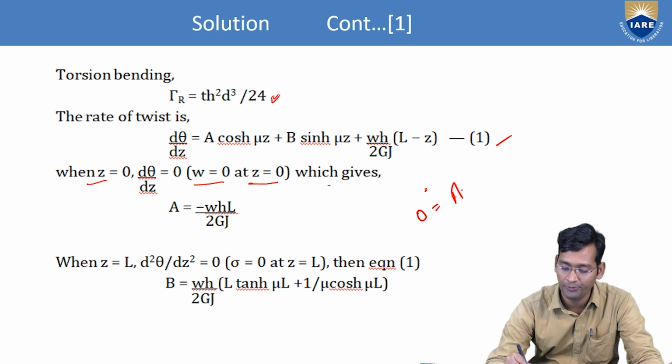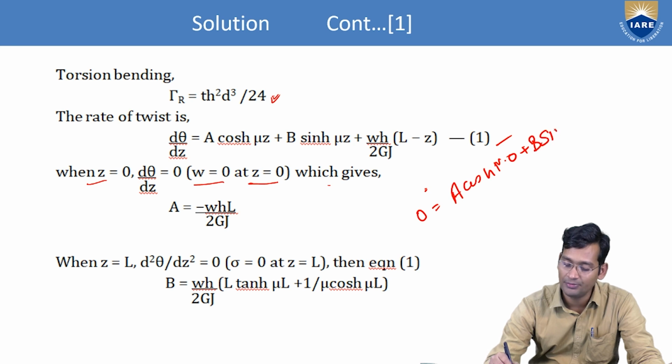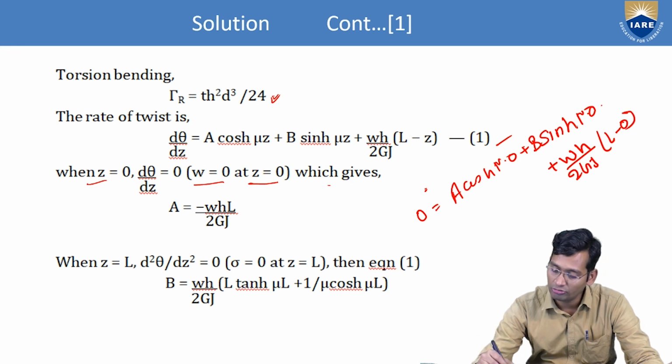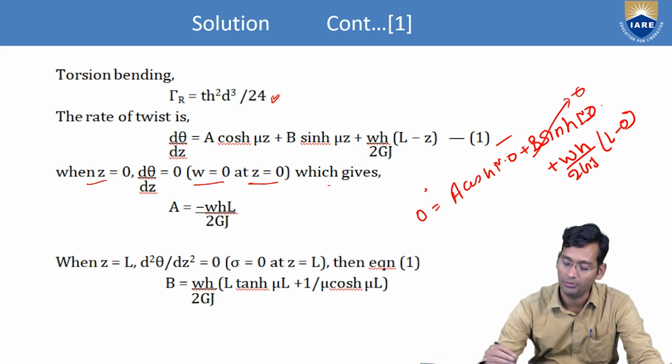This equals A cos(H mu into 0), because Z is 0, plus B sin(H mu into 0), plus WH by 2GJ into (L minus Z). Sin 0 is 0, so that whole term vanishes, and cos 0 is 1.